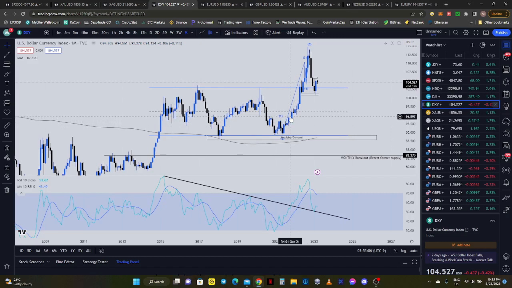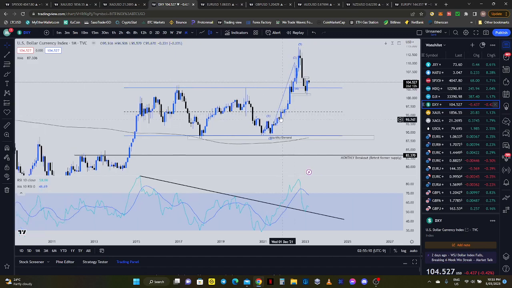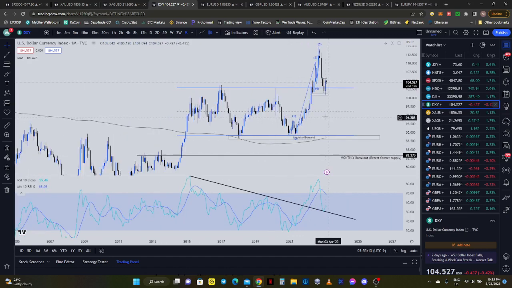Now it's probably started breaking here, and then this one was a clear break. So somewhere around this region, that was a break, and there again is your sign to follow the trend and ride it long.